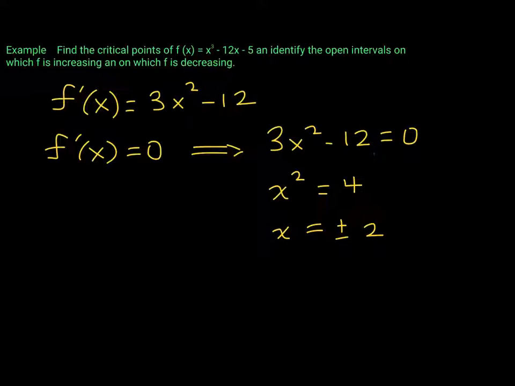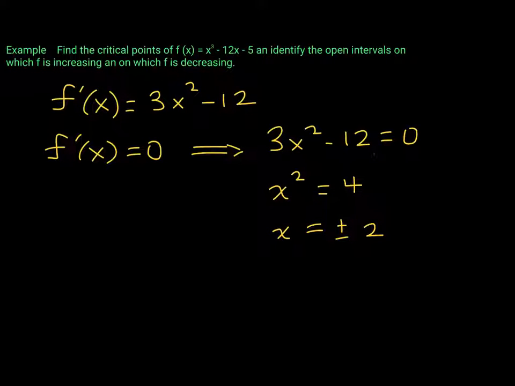Now, what's really important is that these critical points divide or partition the domain of our function to create intervals. In each of these intervals, we're going to track the sign of f prime.